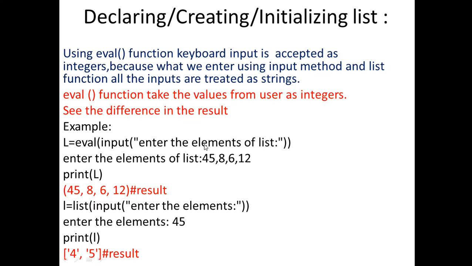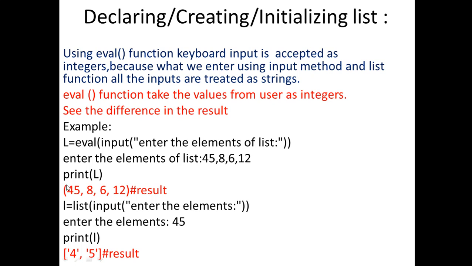What we specify under the input method will come on the screen: enter the element of the list. We have entered the list items as 45, 8, 6, 12 and print L, then you will get the result 45, 8, 6, 12 in the form of a tuple.